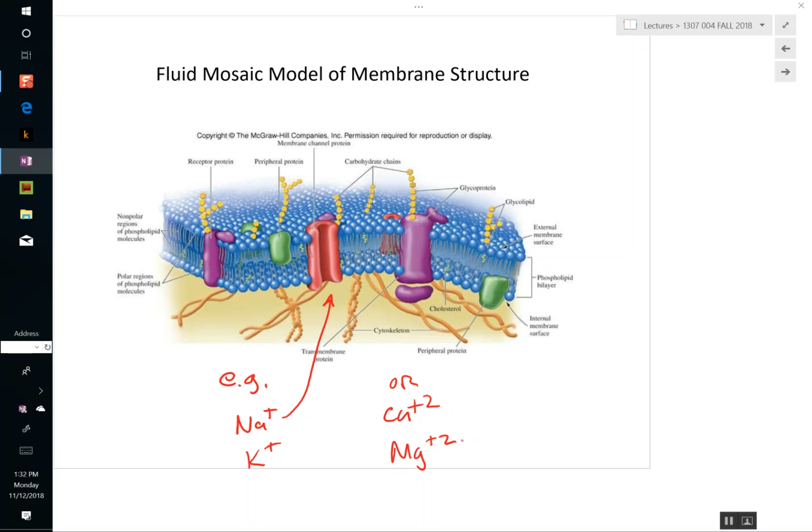Okay, so there's other stuff embedded in here. There's cholesterol embedded in here, different things. When you say something doesn't accept, like when there's a transplant, there can be things on the surface of these cells that are signals as to whether they like or don't like something that's coming along.